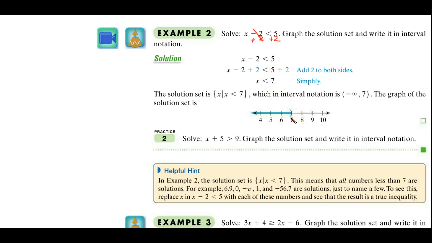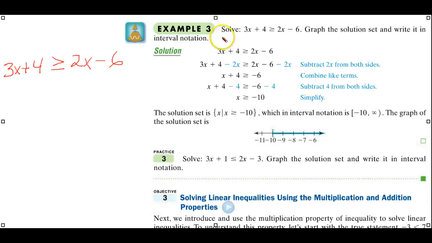So 7 is the number we're interested in, and it's only less than 7, so 7 is not included. So we put a parenthesis, and notice the arrow is pointing to the left, and putting that in interval notation looks like so.